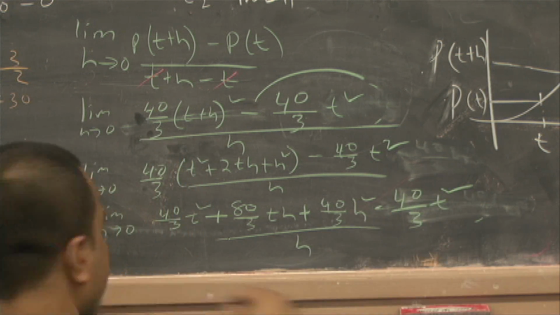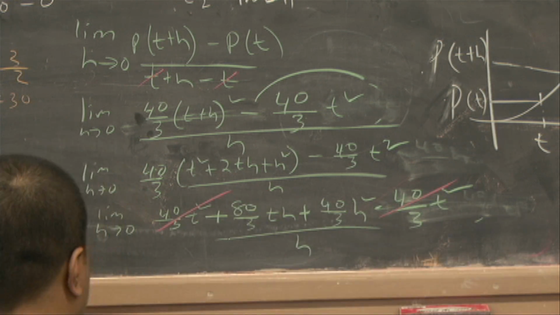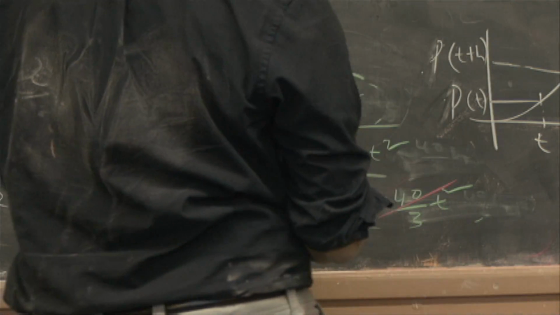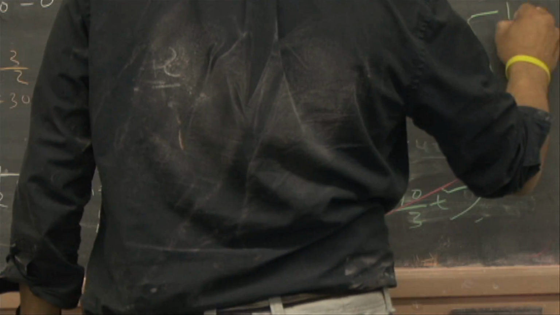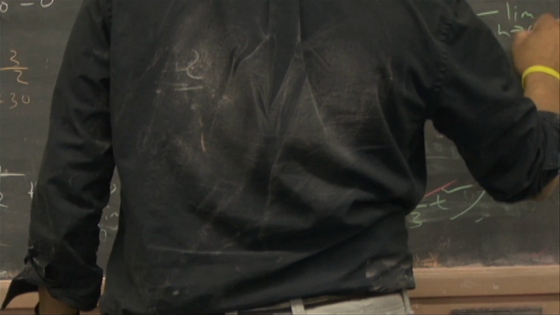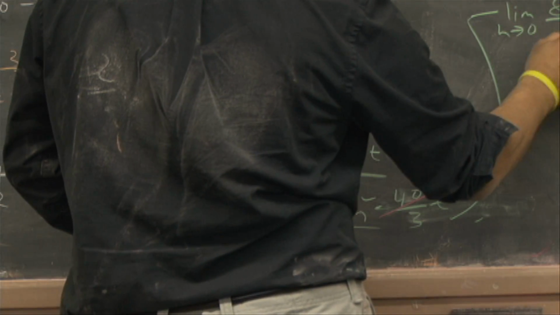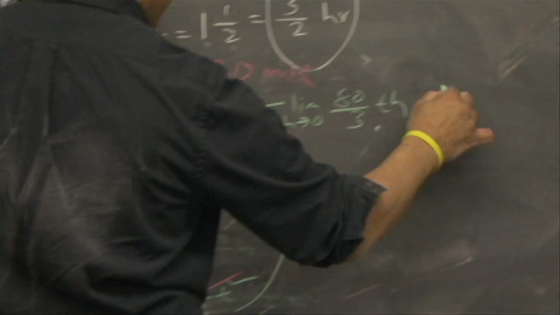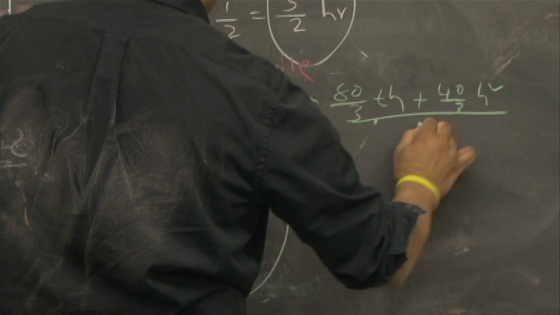Now the 40 over 3 t squared terms cancel. So let's bring this over here: the limit as h goes to 0 of 80 over 3 th plus 40 over 3 h squared, over h.